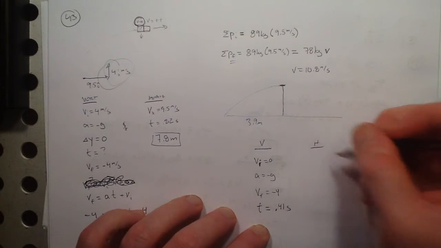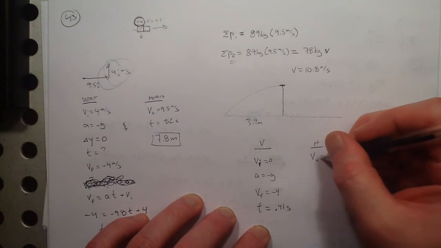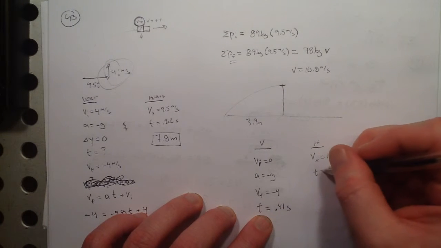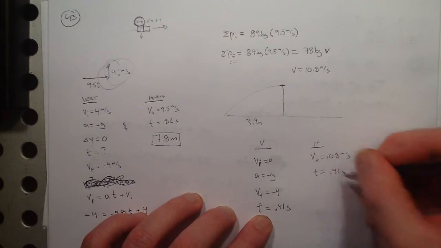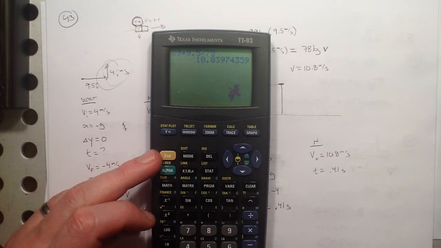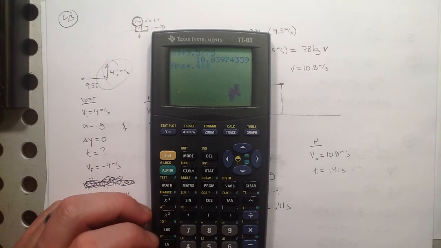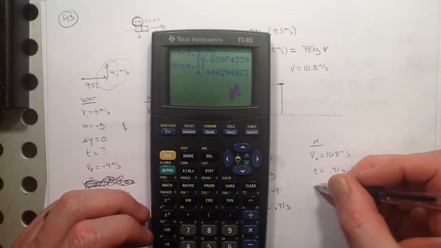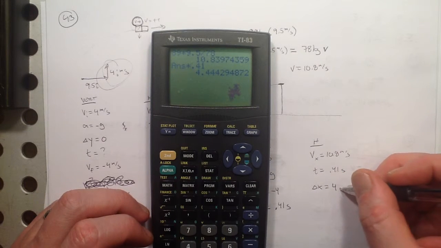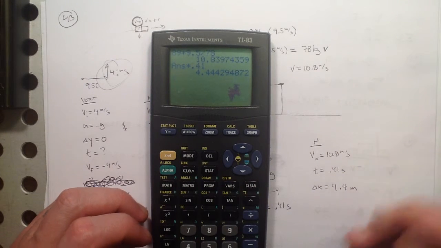In the horizontal direction, I have my new velocity, 10.8 meters per second. So it's going to go that much faster for half the time. And we'll see 10.8 times 0.41. So our new second half distance is about 4.4 meters.